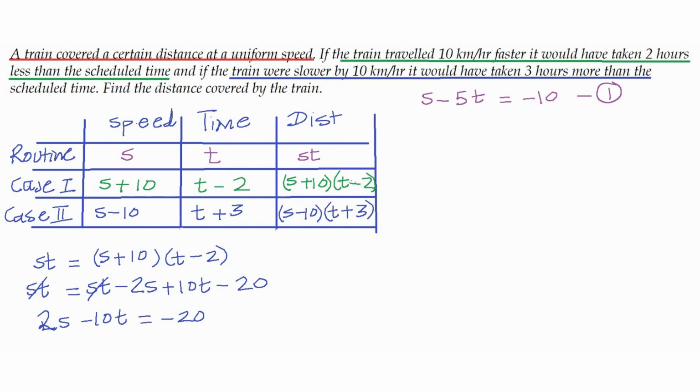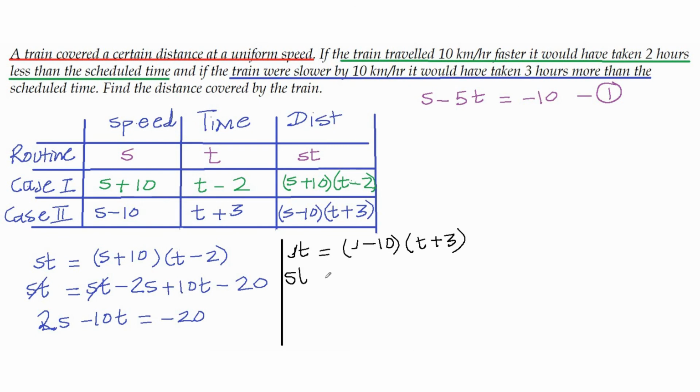Now let's take a look at the second equation. See, the distance covered in case 3 is also equal to the distance covered in case 1, right? Therefore, I can simply state that st is also equal to s minus 10 multiplied by t plus 3.